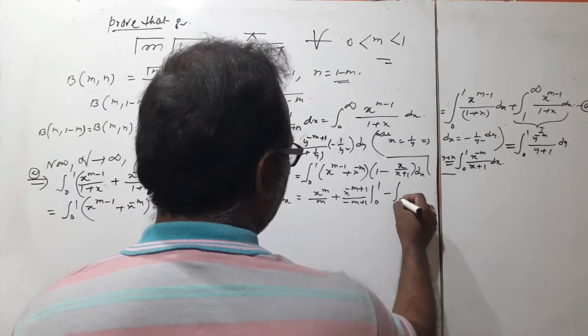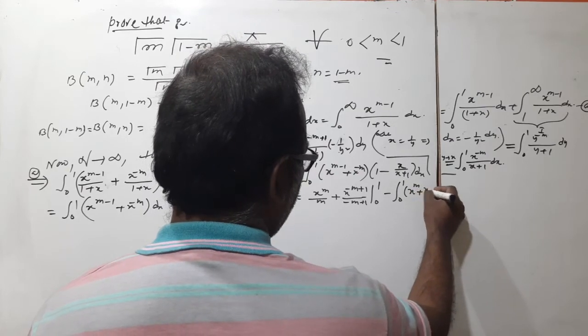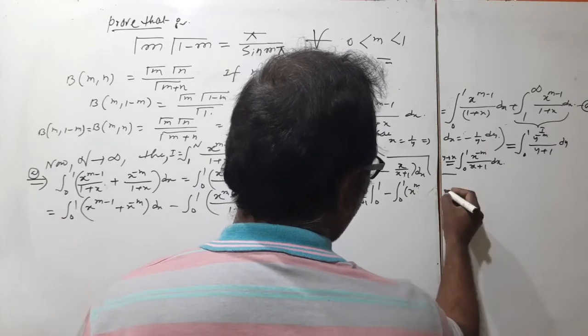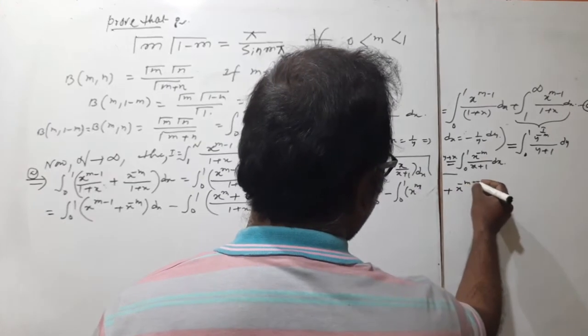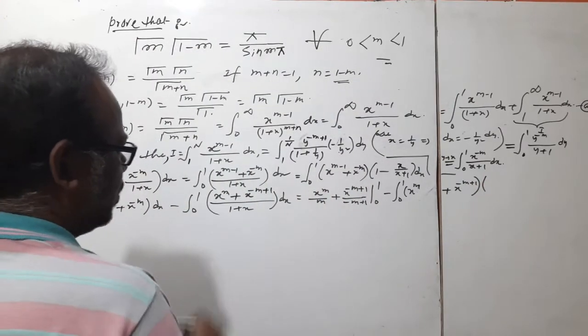Now this is here 0 to 1 of x to the power m plus x to the power minus m plus 1 into 1 over 1 plus x.